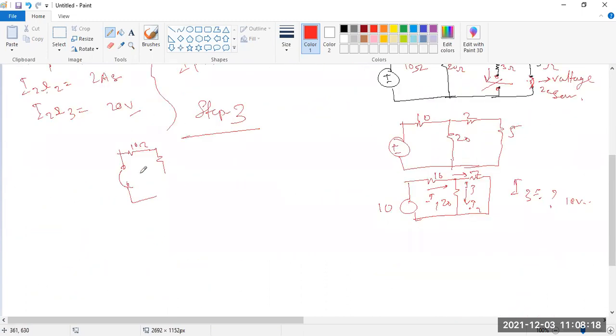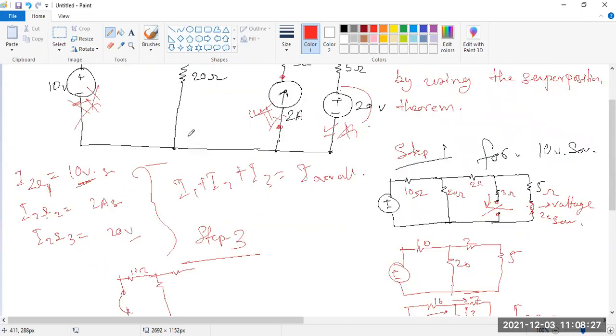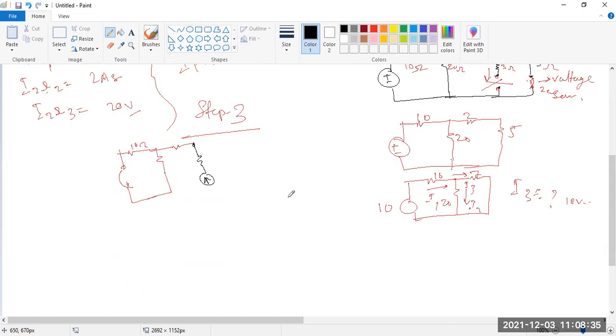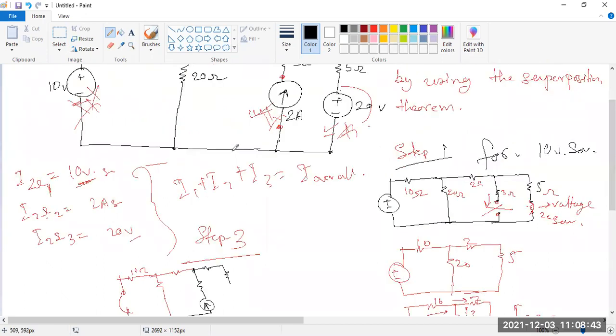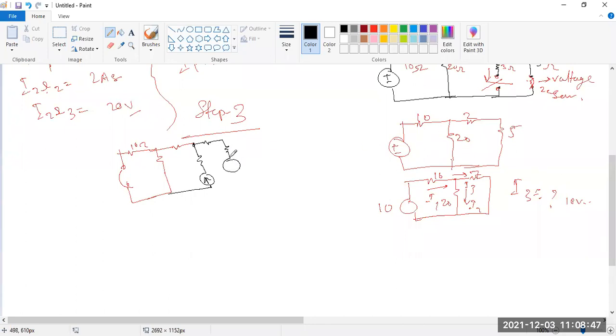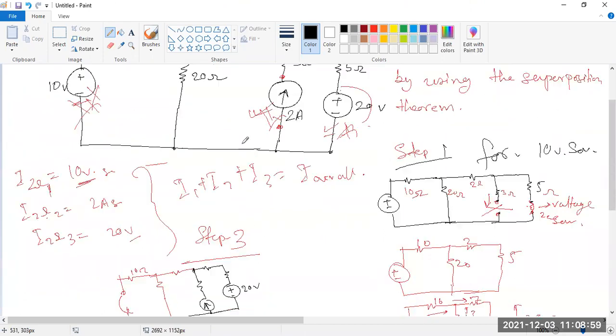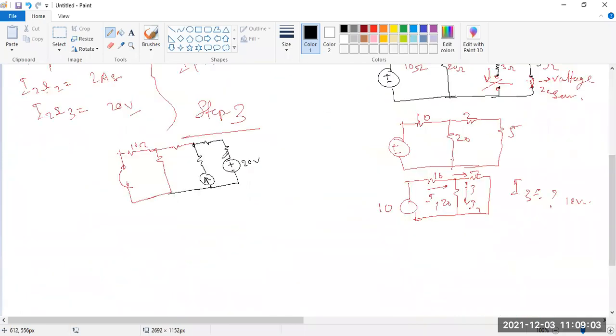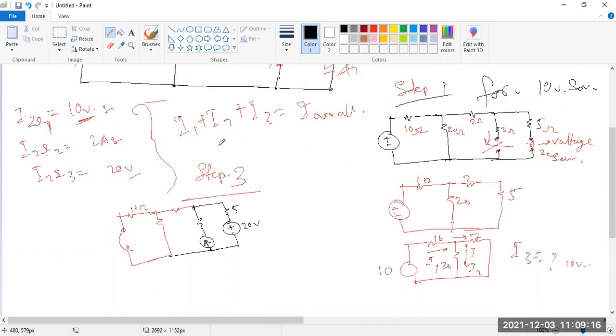Sorry, there was no resistance here, I forgot. 5, 5. Here is 3.